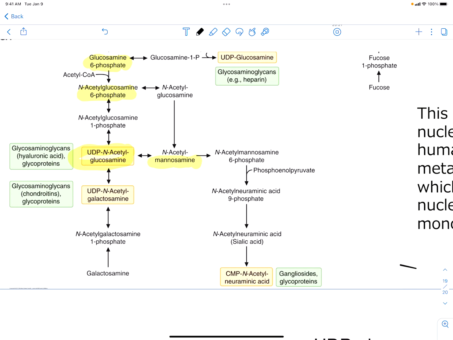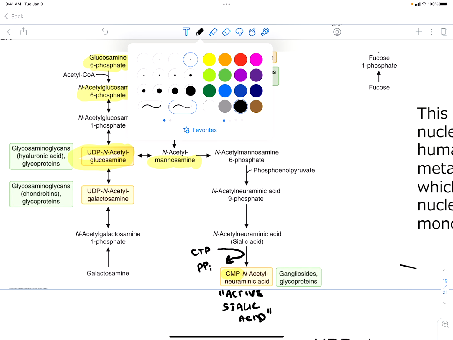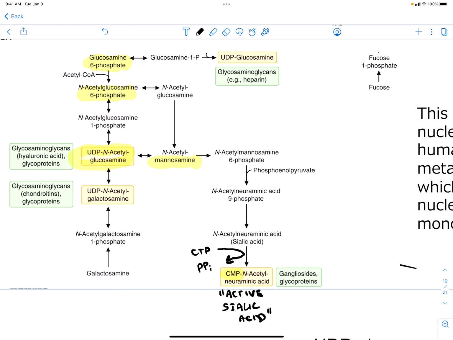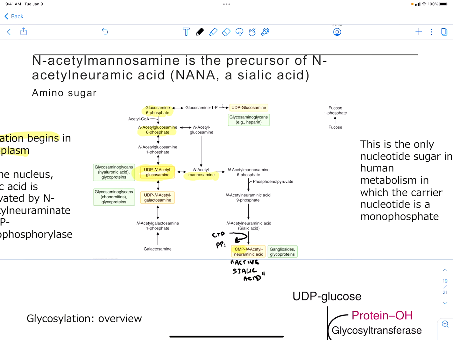And then you're going to get PPi released, and then you're going to get that CMP attached to your N-acetylneuraminic acid, and that is the active sialic acid. And then active sialic acid is going to be important in gangliosides, for example, as well as it can glycosylate proteins too. And we'll talk more about that when we talk about lipids.